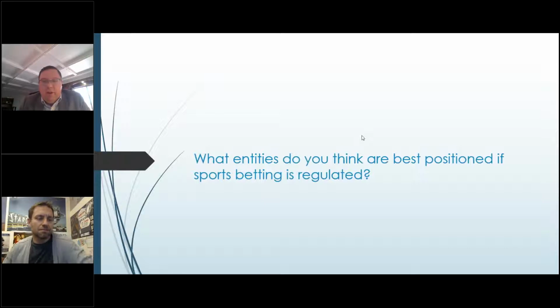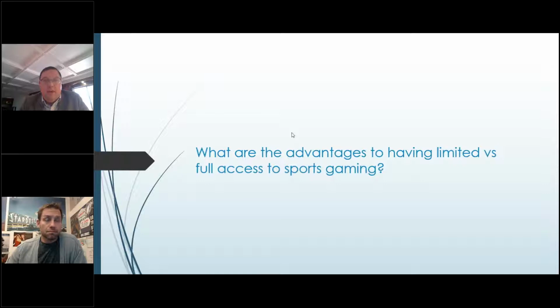So for example, if a state comes online and says, we'll have as many licenses as we can sell out there, and online betting is fine, mobile betting is fine, then the best positioned entities are going to be your big commercial operators that have facilities in many states and who have the ability to establish really good relationships with, for example, the major European online operators. This will be a great thing for them.